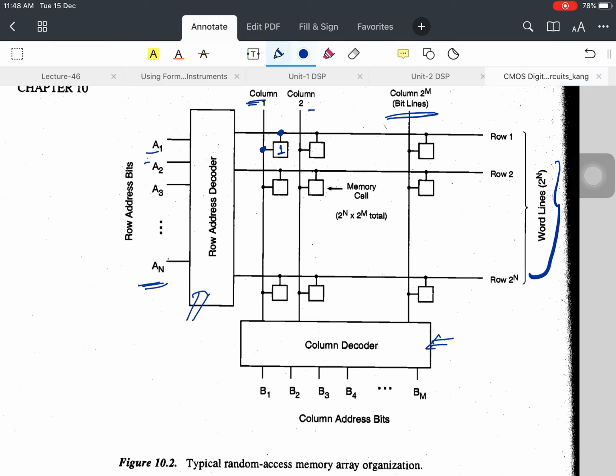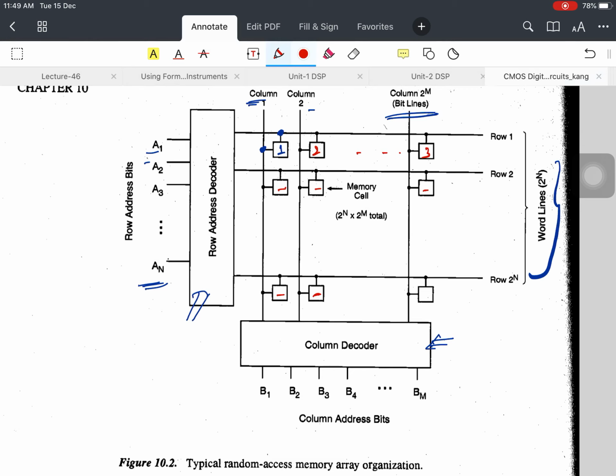So, this is the basic structure of this RAM. These are the memory cells, 1, 2, 3 and so on, just for example. These memory cells are connected with a particular column and a particular row, so you can find out the location where a particular cell is available.